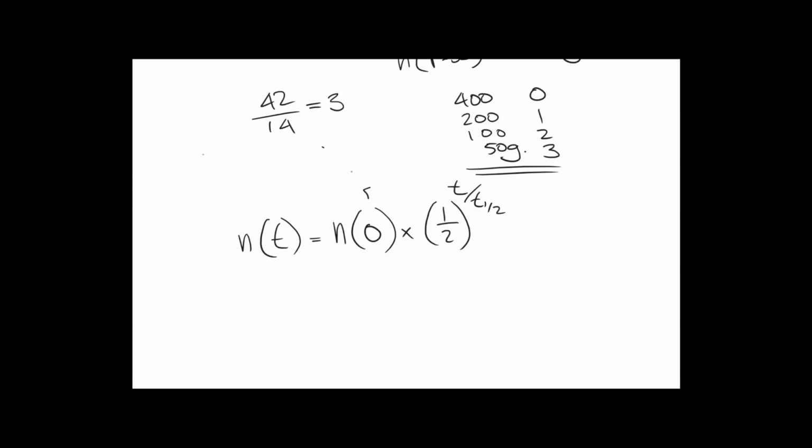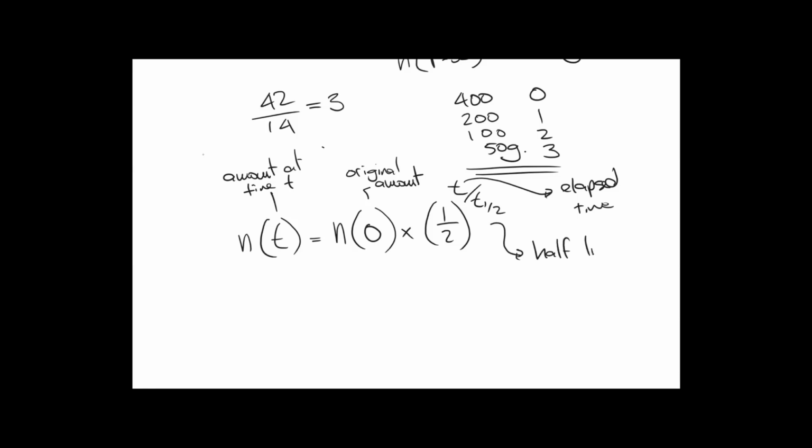Okay, so this is the original amount. This is the amount at time t. Obviously, half is half. This big T here is the elapsed time. And this one here is the half-life of that element or substance.